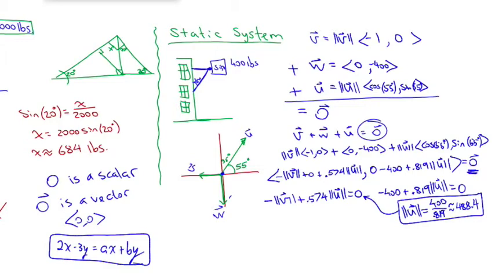So here I'll get the magnitude of v plus 0.574 of u, but u was 488.4. And this is equal to 0.